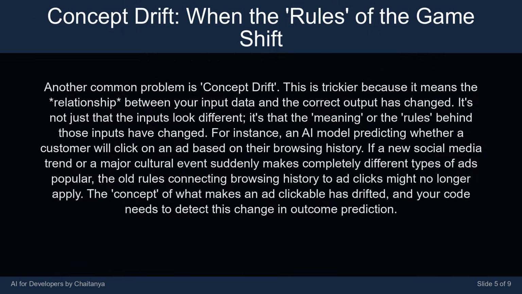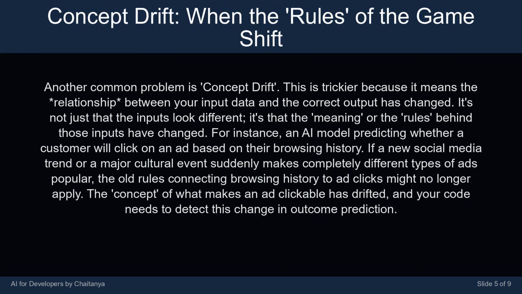Another common problem is concept drift. This is trickier because it means the relationship between your input data and the correct output has changed. It's not just that the inputs look different. It's that the meaning, or the rules, behind those inputs have changed. For instance, an AI model predicting whether a customer will click on an ad based on their browsing history.